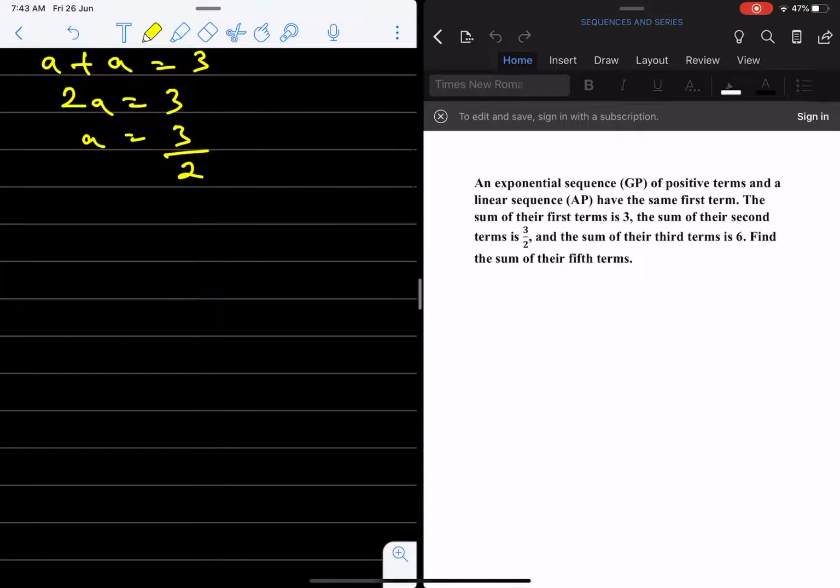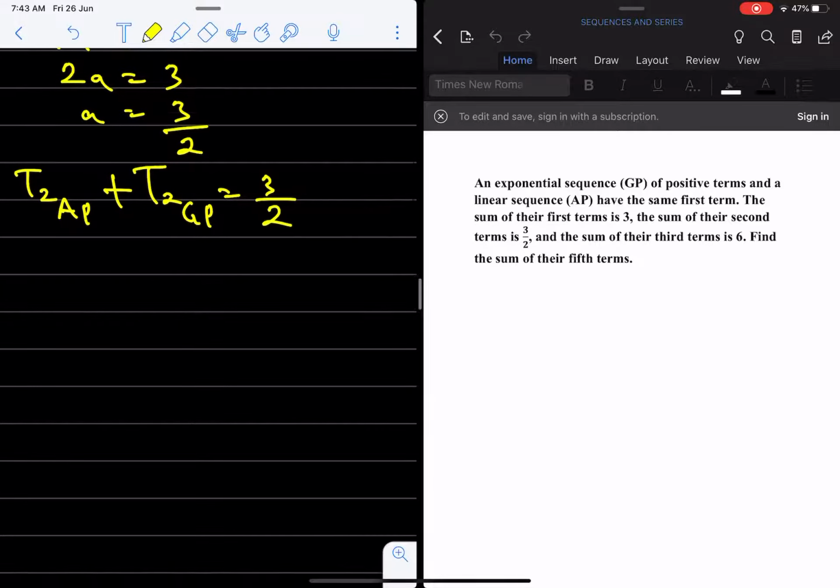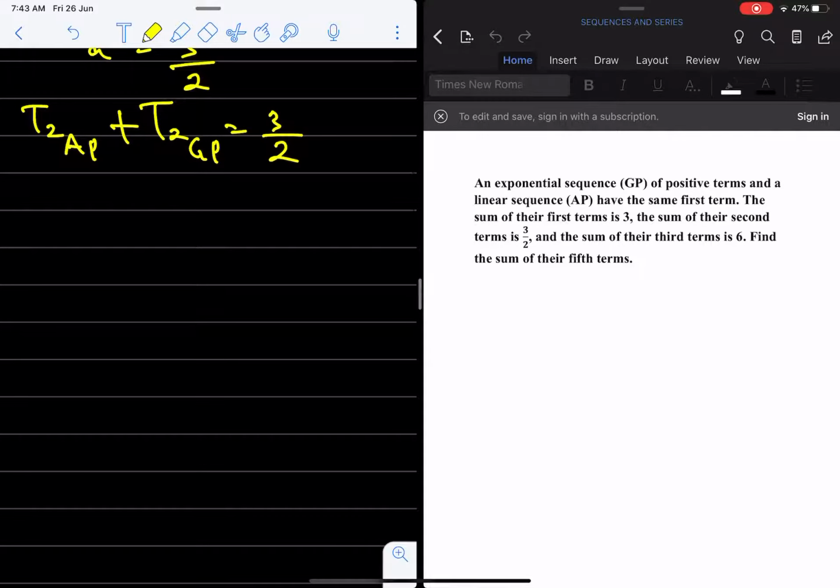Now the next information says the sum of their second terms is 3 over 2. T2 of the AP plus T2 of the GP is 3 over 2. The second term of an AP is A plus D, while the second term of a GP is AR.